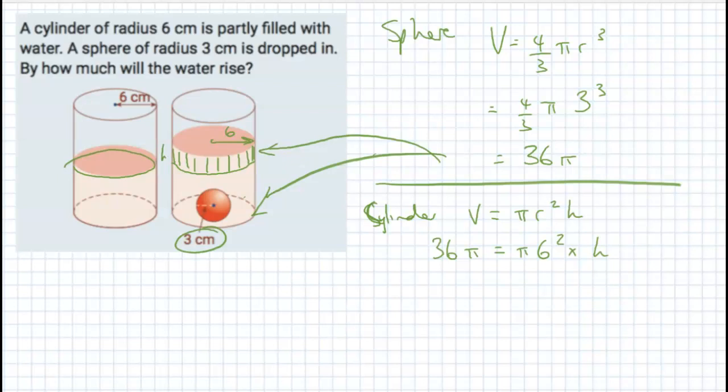And we can work this through. Now this works out very easily actually, because on the left hand side, 6 squared times pi is 36 pi, and you do a division now, so I think you should all know what 36 pi divided by 36 pi is. We get the answer of 1 centimeter. So we know it's risen up a very small amount, just 1 centimeter high, which is that displaced water due to the sphere.